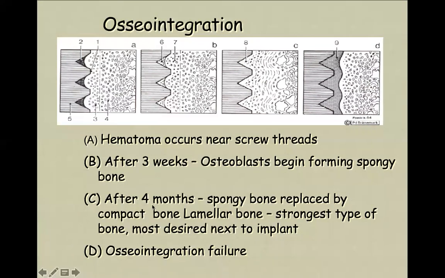But after 3-4 months for the mandible, or 6 months for the maxilla, this spongial bone will be replaced by the compact lamellar bone, that is the strongest type of bone. And this will be a key for success of your dental implant placement.